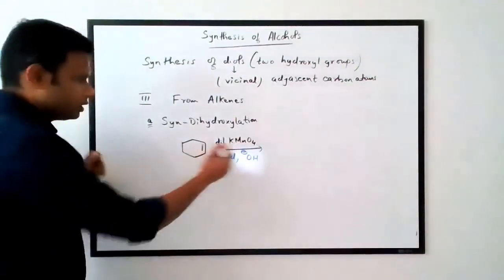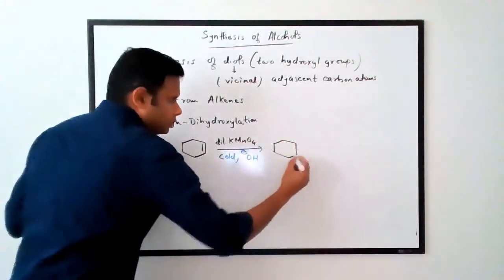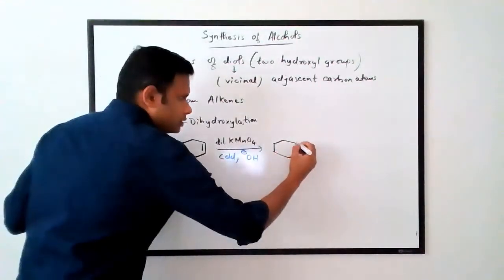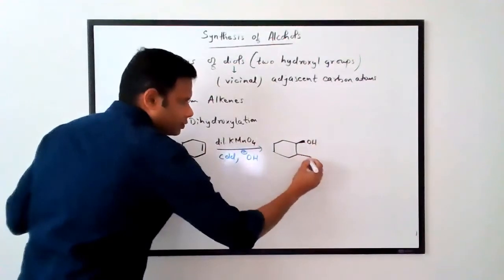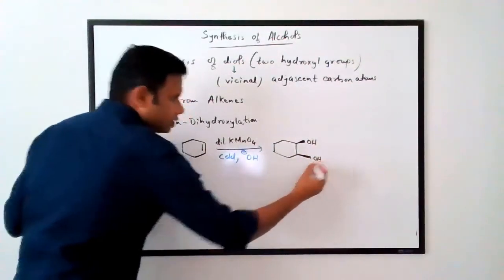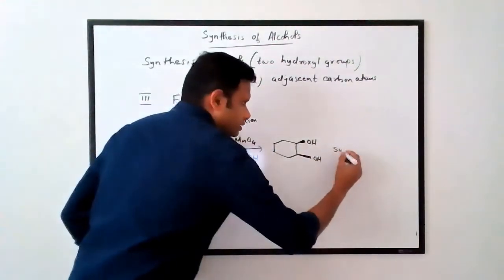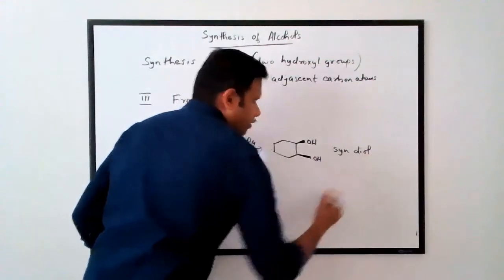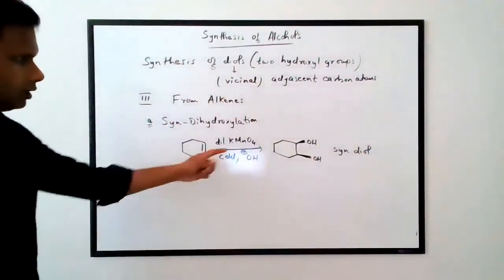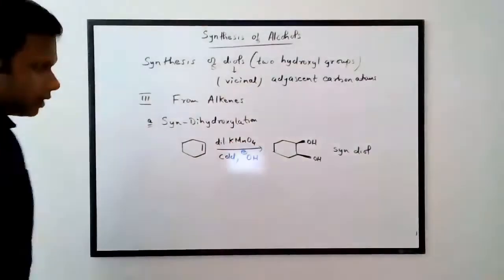So it's slightly basic. When we do this reaction, you will get syn dihydroxylation. You get two hydroxyl groups, and they are both syn to each other. So we get a syn diol. Okay, like I said, this is one reagent that can be used for this reaction.